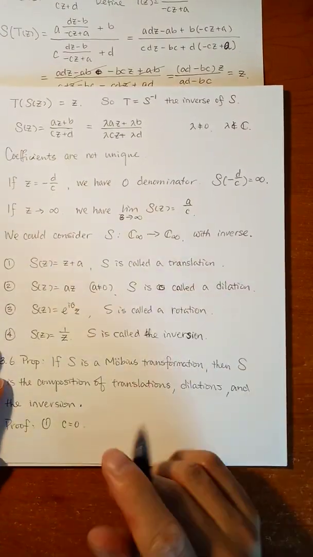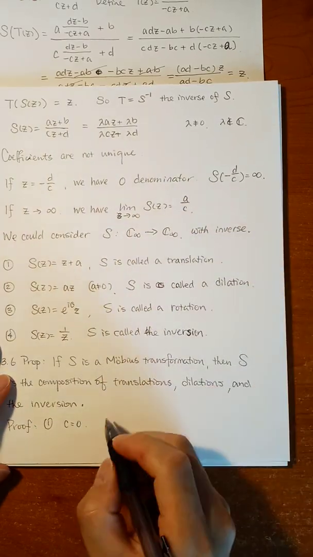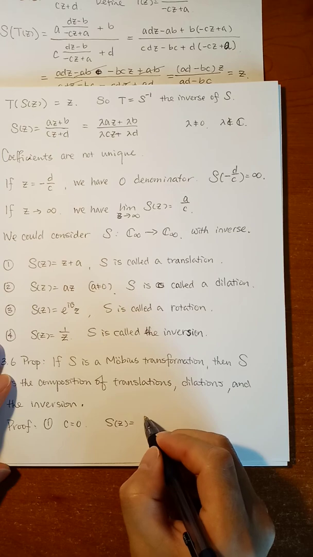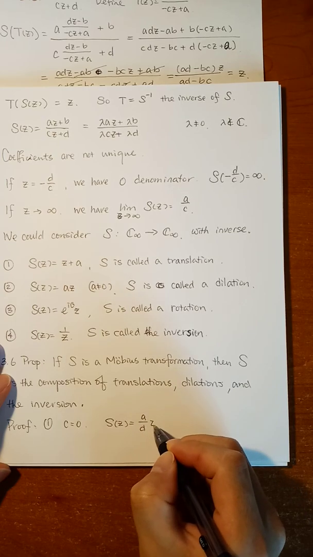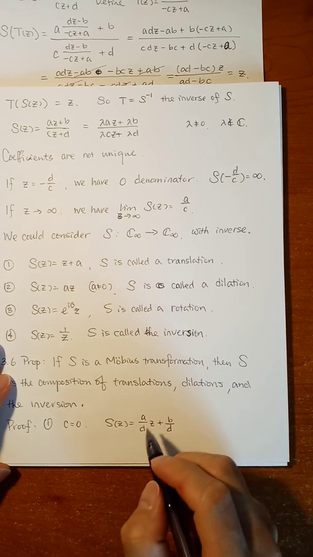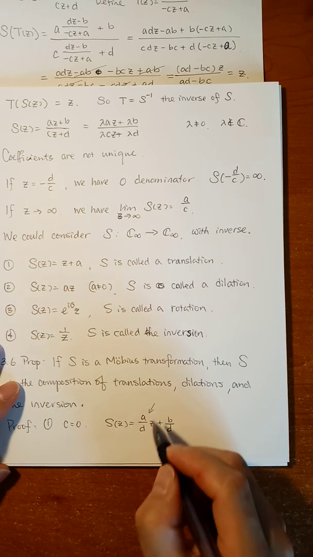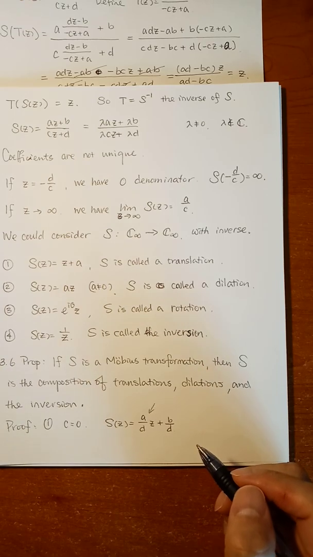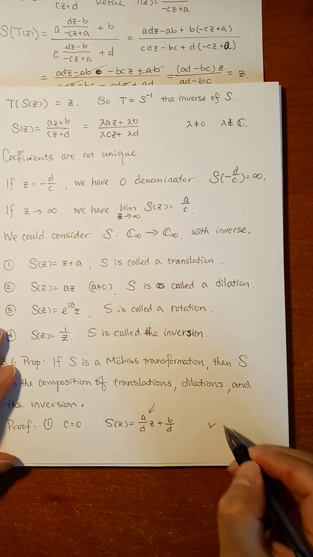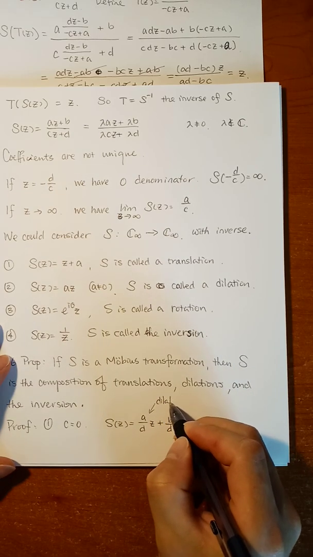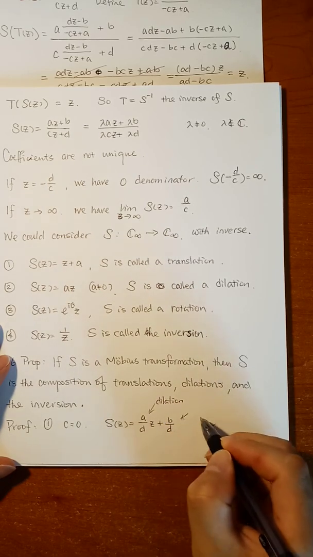Then S of Z becomes A over D times Z plus B over D. So it's exactly a dilation composed with a translation, and we are done.